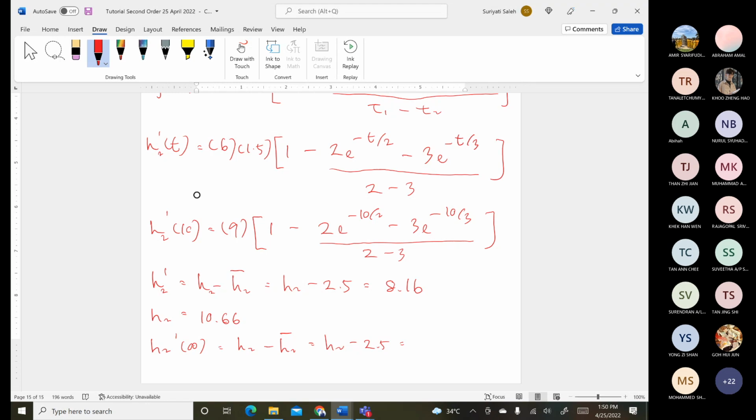So h2 equals 11.5. This is the answer at time infinity: the height of the second tank at infinity is 11.5, and it is 10.66 at 10 seconds.